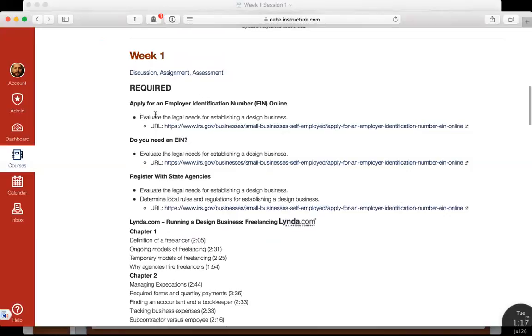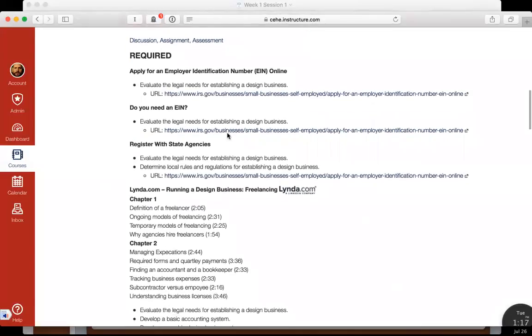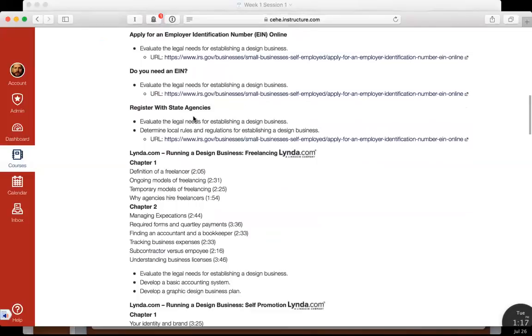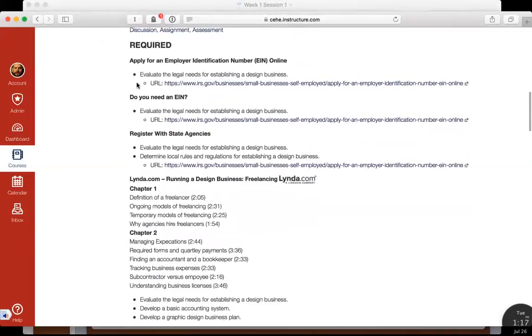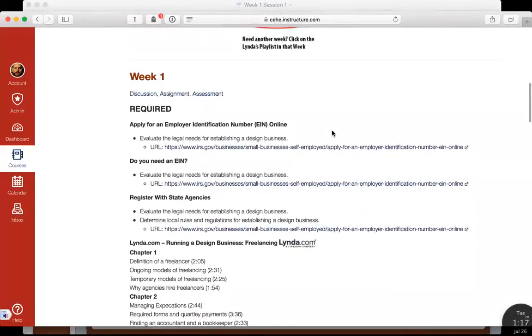Anyway, there are a couple of things that aren't lynda.com. So for example, right here, apply for an employee identification number online, which we'll talk about today. There's a link to go read about that. Do you need one? A link to go read about that. Links about registering for the state agencies. Above each of these, it tells you what learning objective is being covered. We have different learning objectives for every week, and this is saying which one is being addressed here.